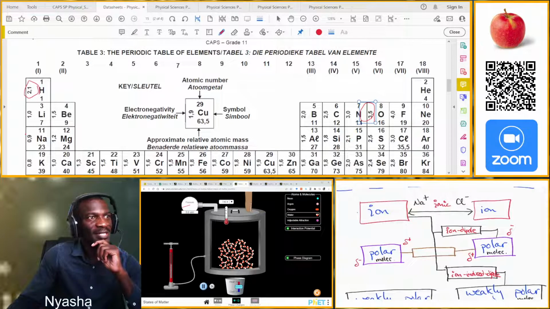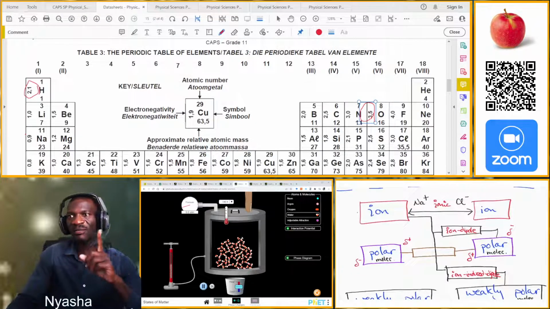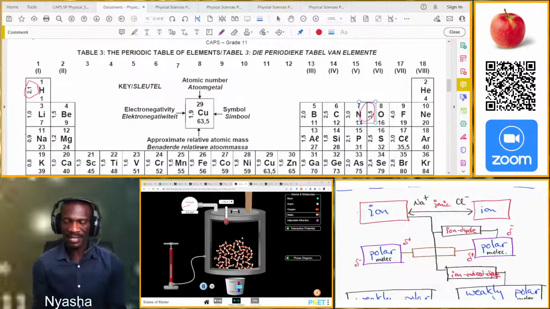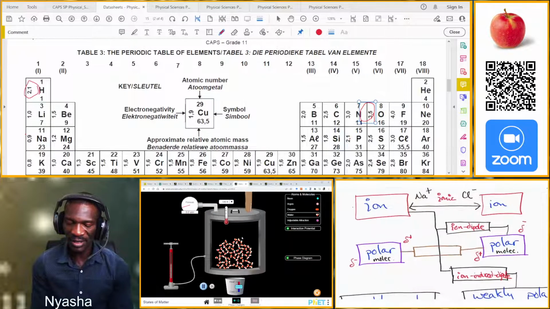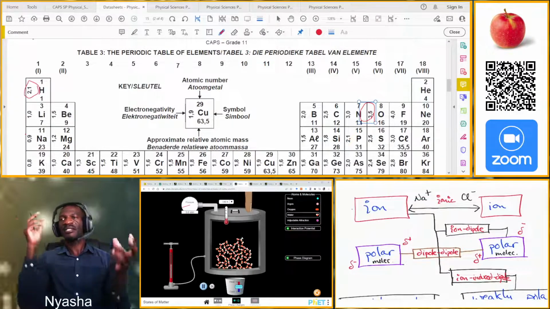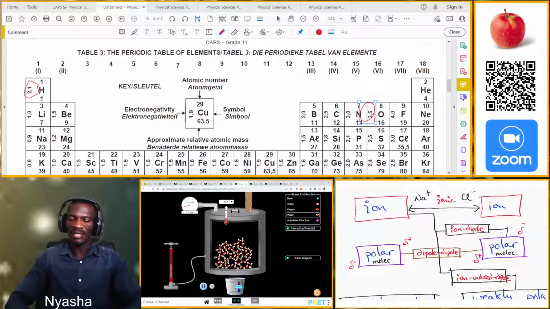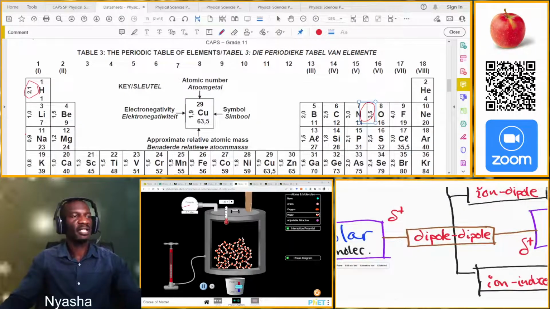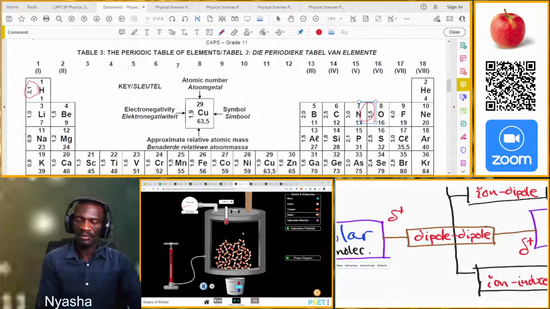The white hydrogen of the other molecule will interact with the oxygen of the other molecule. So that's the dipole forces. We are just discussing dipole forces here, because it's two molecules that have a dipole arrangement. So we have dipole forces that can be experienced here.